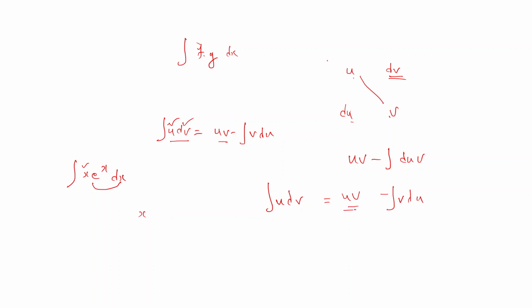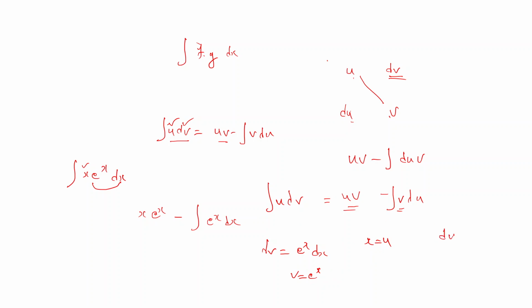That is this one. x e power x minus the integral of what is v? Here we have dv as e power x dx. What is v? v is e power x, right? What is du? x equals u, so du is dx.